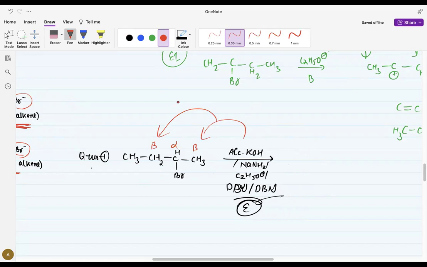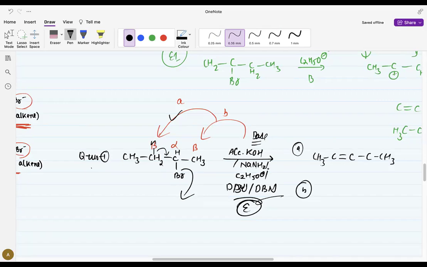Let's say अगर मैं यहाँ पर A साइड से करूँ, so you will get which product? From A side you will get which product? Tell me. अगर यहाँ से बेस comes and removes hydrogen from here, makes a double bond here, removes bromine, है ना? So your double bond will be made here.